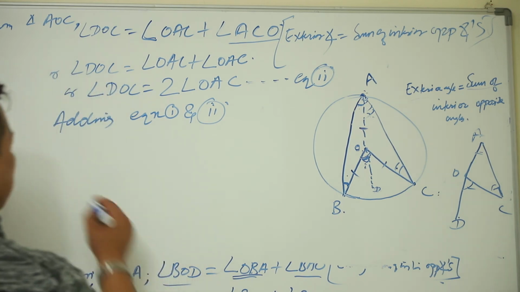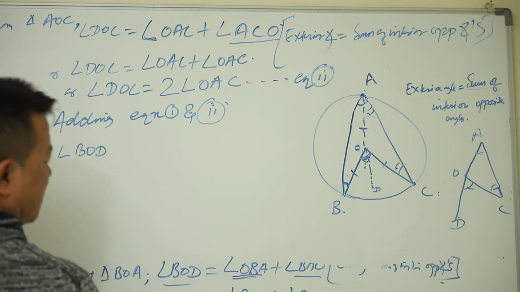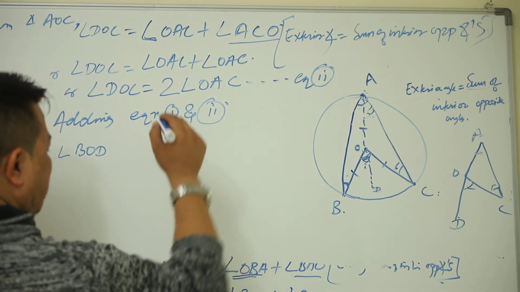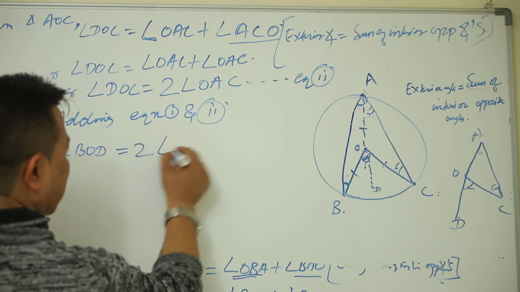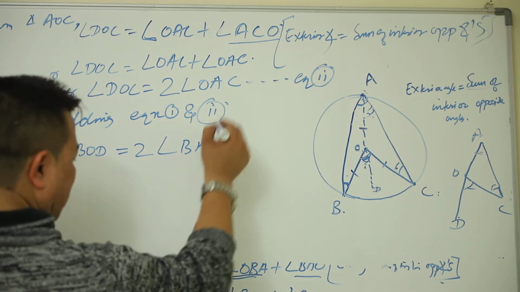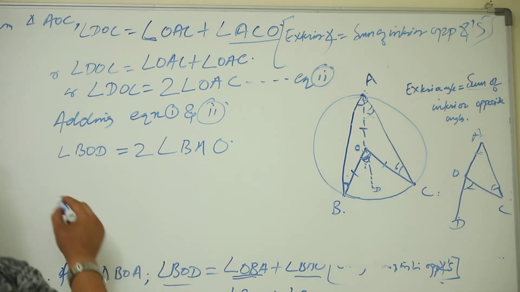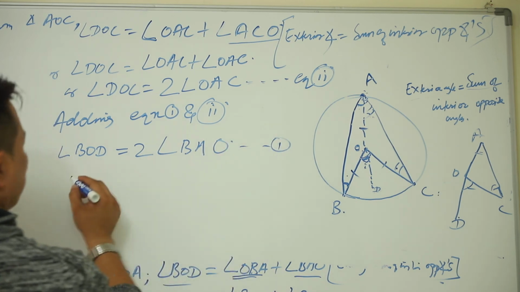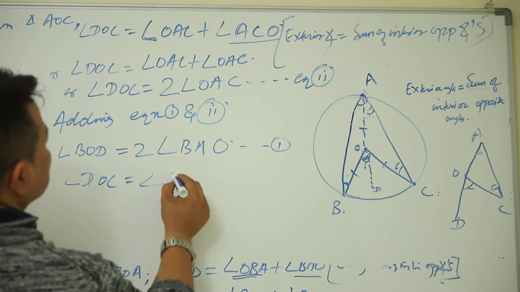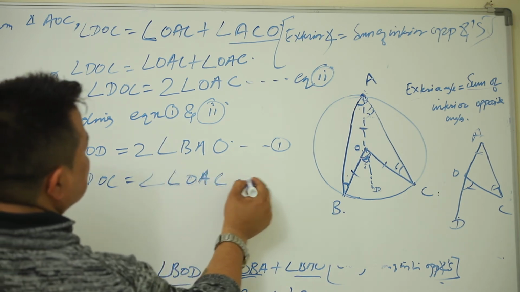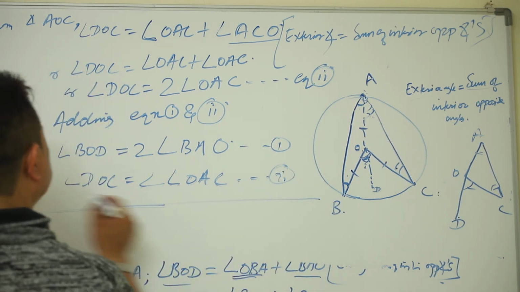Equation 1 is angle BOD equals twice angle BAO. Equation 2 is angle DOC equals twice angle OAC. Now add this.